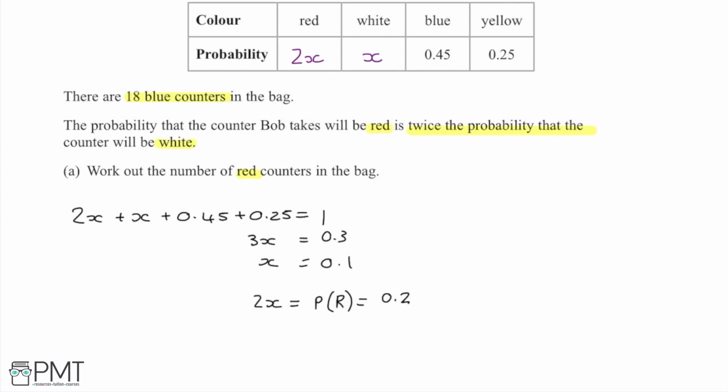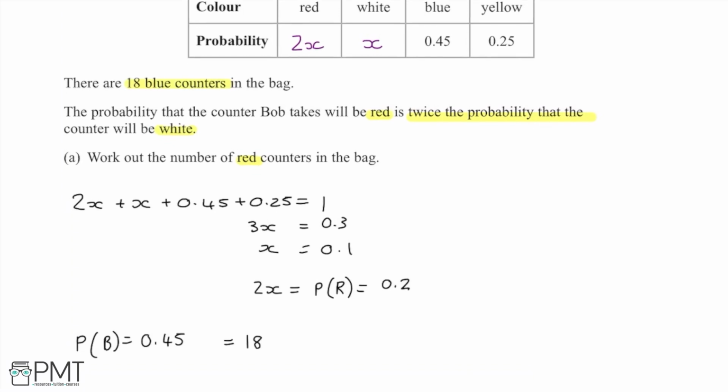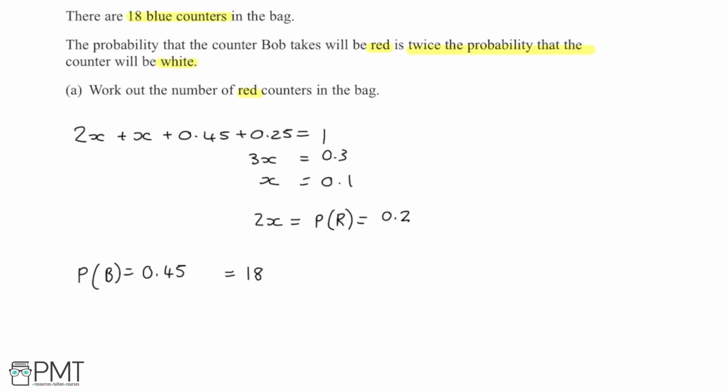If there are 18 blue counters in the bag, we also have the probability that the counter is blue. So the probability that the counter is blue is 0.45, and that is equal to 18. So there are 18 blue counters. Now we can work out the total number of counters if we take this as a fraction.